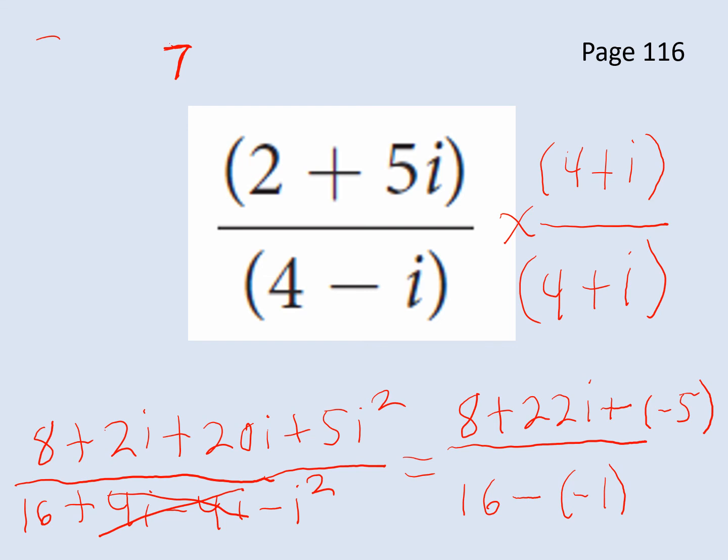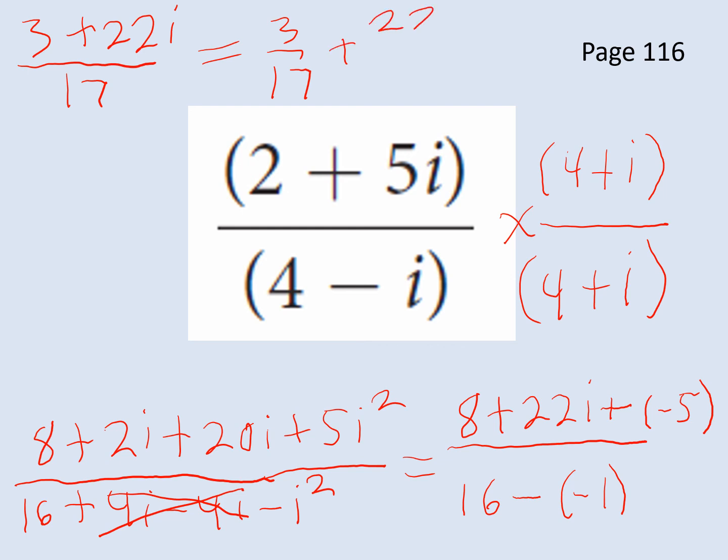I'm not going to redo this whole video, so we'll do some erasing. So in the denominator, we have 17, and we have 3, and then we have plus 22I. That will simplify to 3 over 17 plus 22 over 17I.